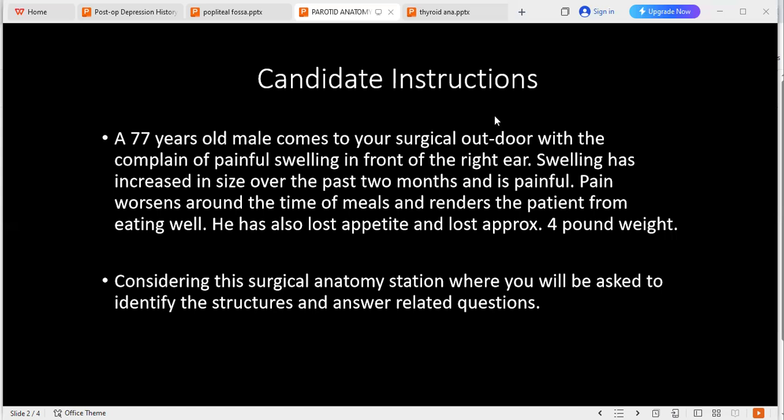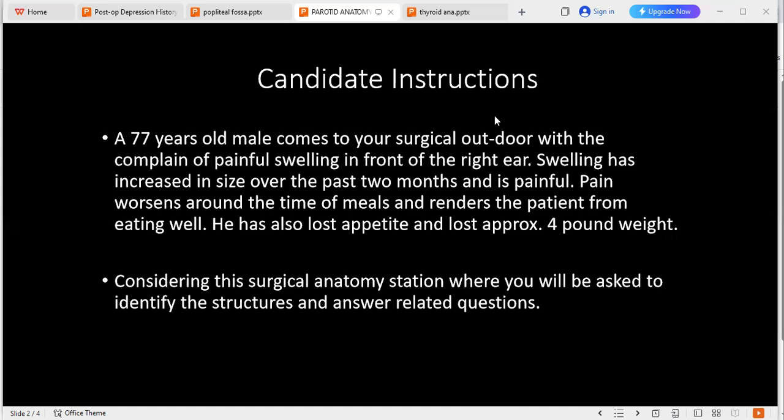The blood supply of the parotid gland is from the external carotid artery. And the venous drainage is by the retromandibular vein. And the lymph drainage is done where? Lymph nodes within the gland and to superficial and deep cervical lymph nodes.